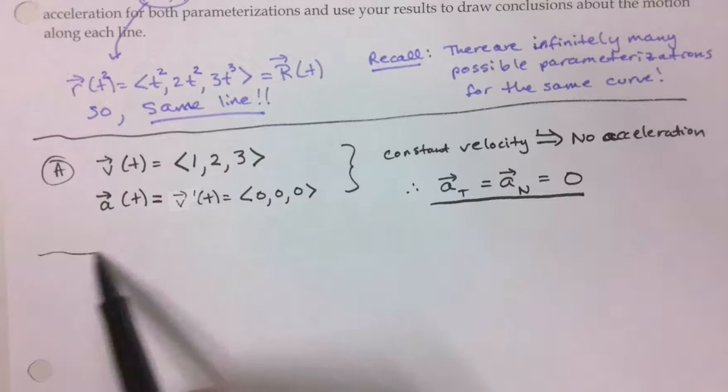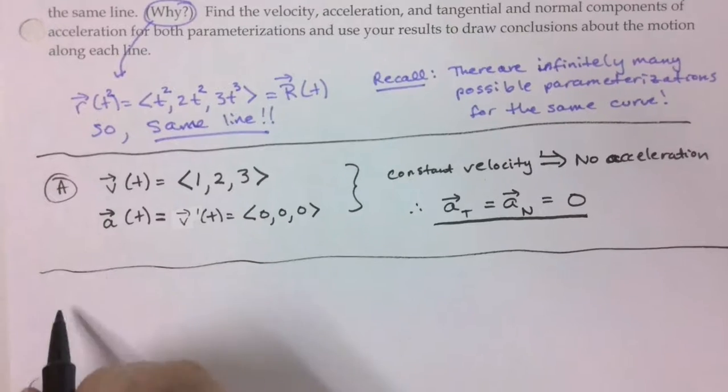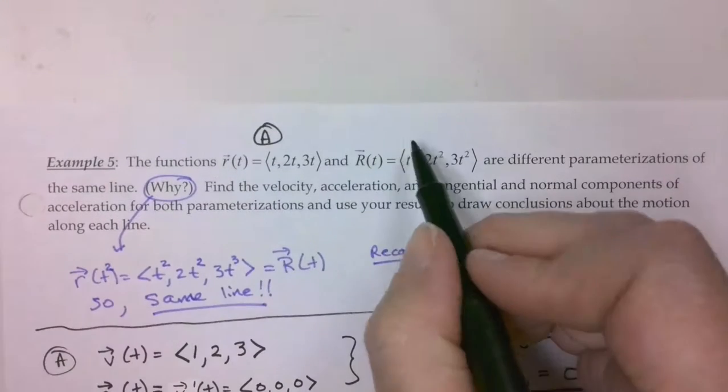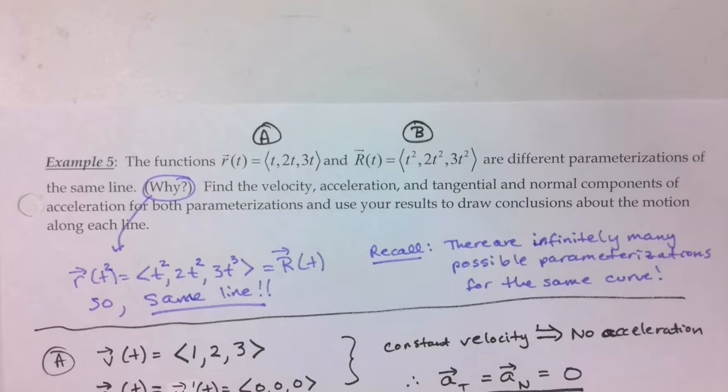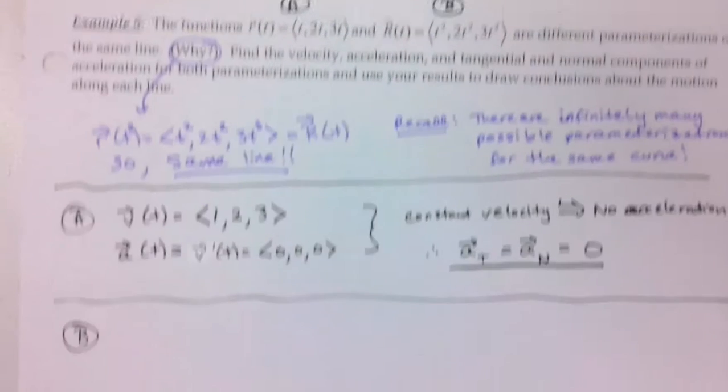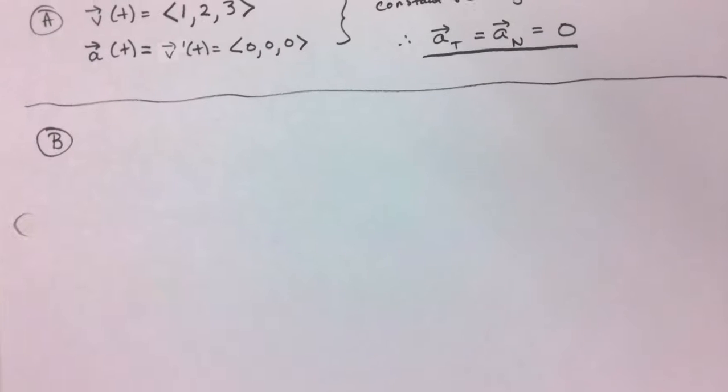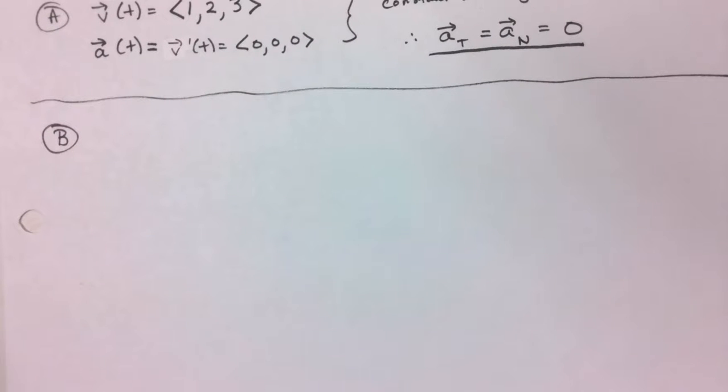All right, now let's look at B, which is going to be this parameterization right there. Okay, so V of t is equal to the derivative of R of t.